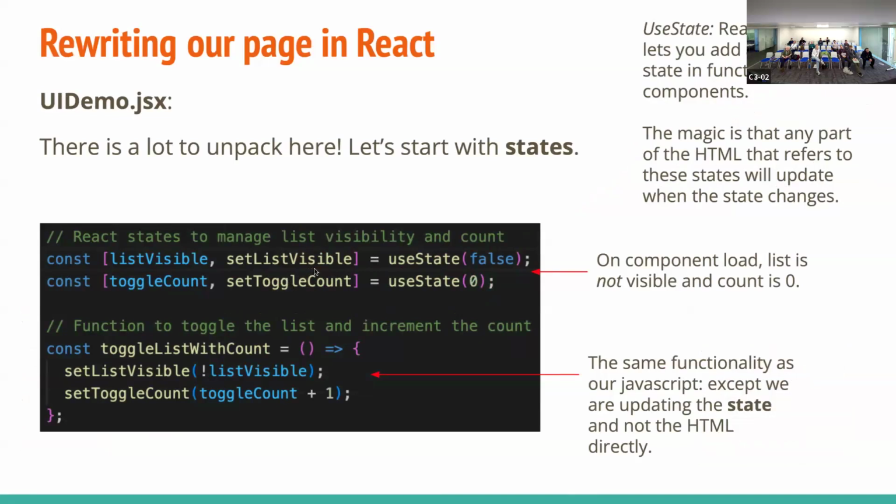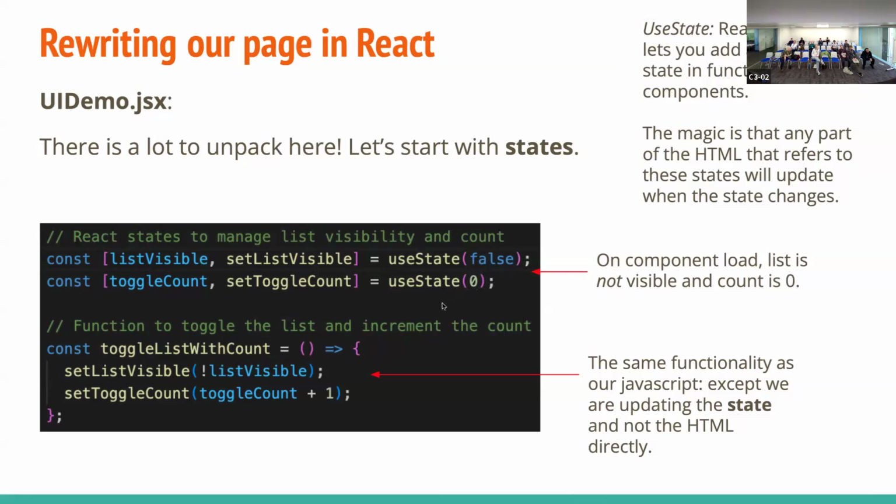And just as we did before, by default, we don't want the list to be visible. So we're going to set the state to false, and toggle count, we want to set that to 0 initially because the button hasn't been clicked yet.